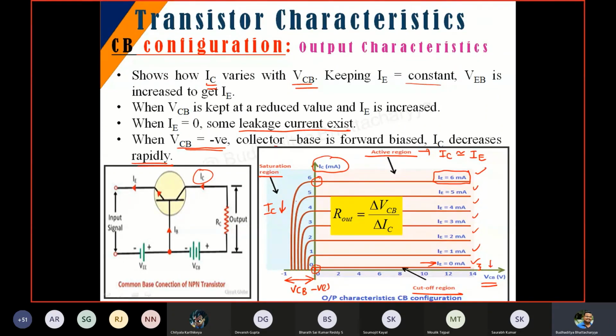So that is why we are getting this particular graph. This blue colored portion is called the saturation region, and the portion where this leakage current is expected is called the cutoff region. So these are the different parameters and key points from the output characteristics which we can observe.